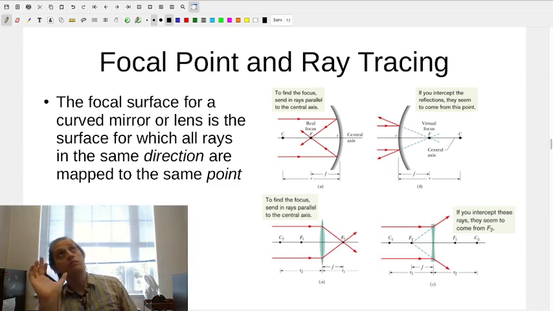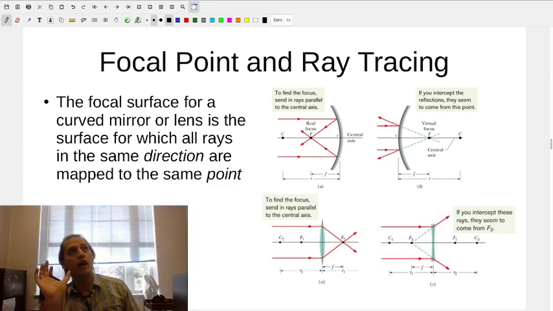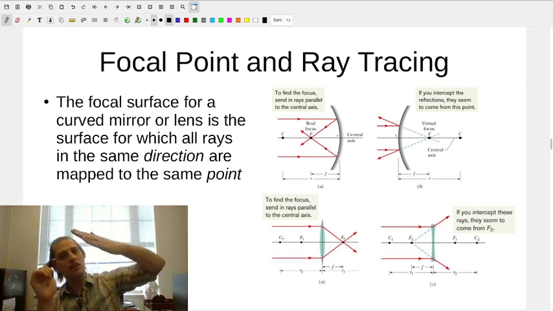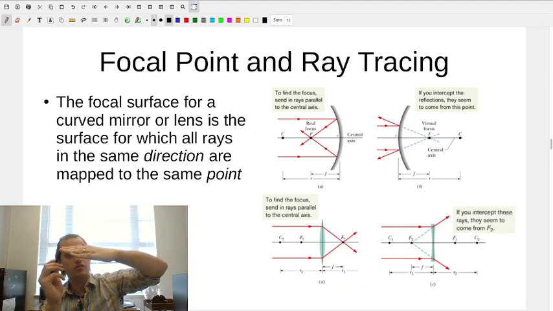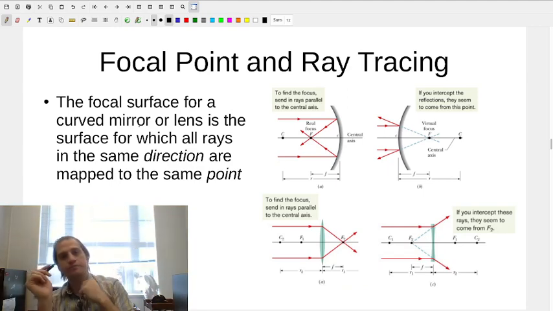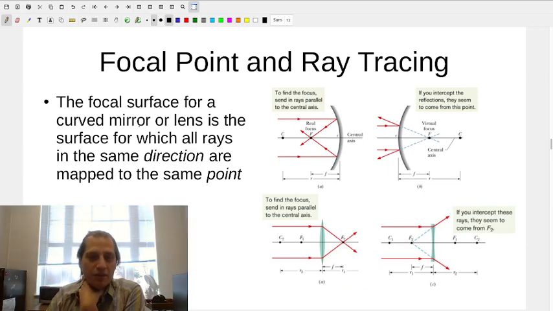Now, the focal point is sort of easy to find if you have an actual mirror, because you take a faraway object and then you adjust the screen until it looks like you've got a pretty nice direct point of light from that faraway object. And that might seem like a sort of a little magic trick. The same thing happens if you have, for instance, a double convex lens.